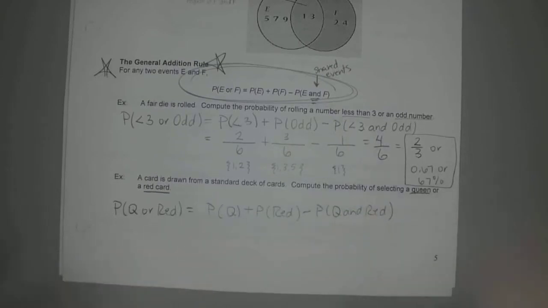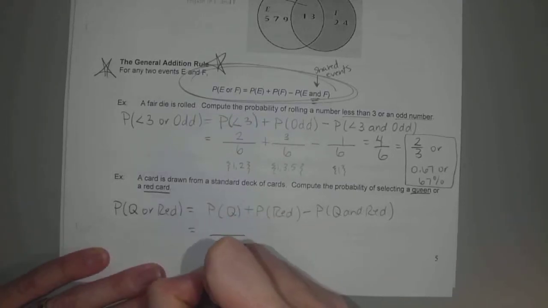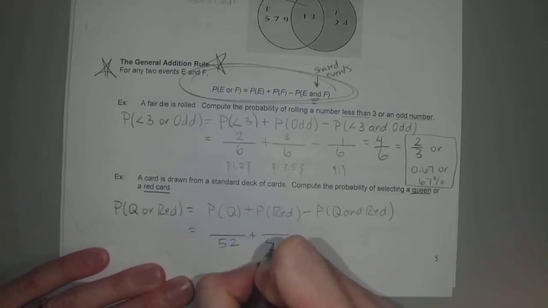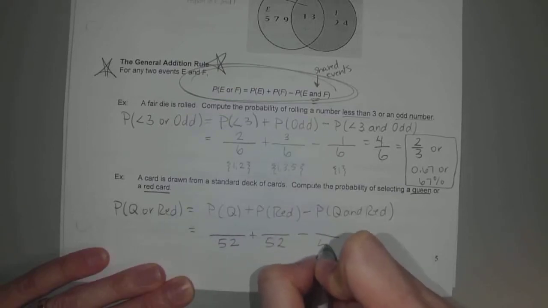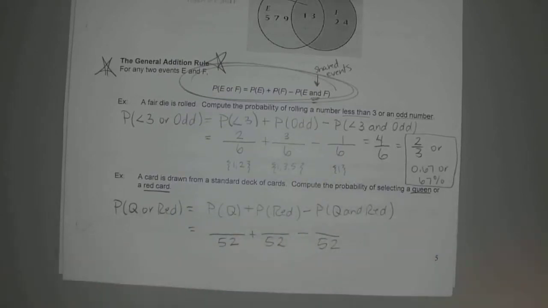Because they do overlap, so we don't want to overcount anything. See how I'm doing the probability of event E, the first guy, plus the probability of event F, the second guy, minus the probability of E and F. All of these denominators are going to be 52 because we're drawing cards. So I just flew through there, keeping my signs the same, but I know my denominator is going to be 52.